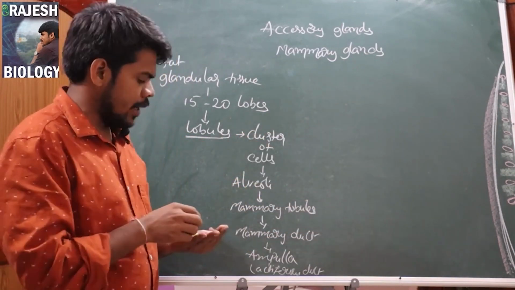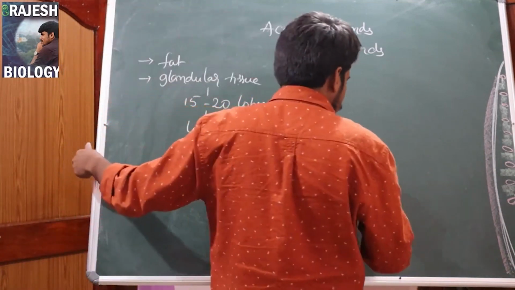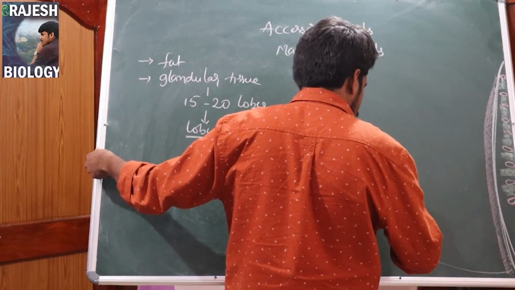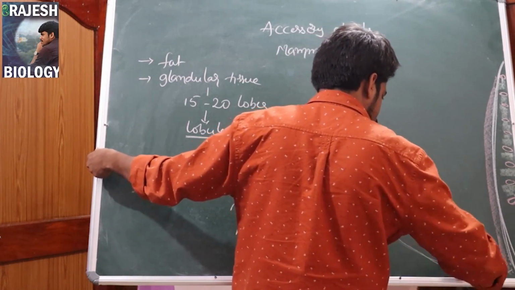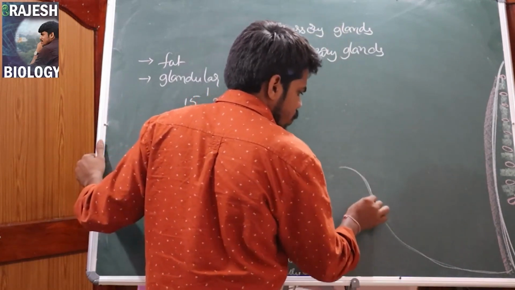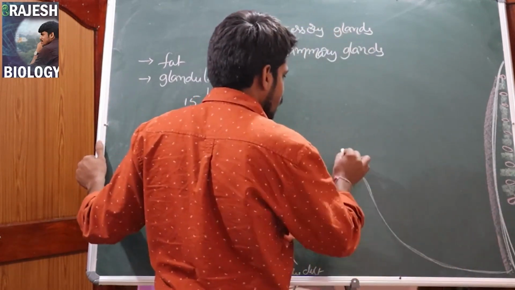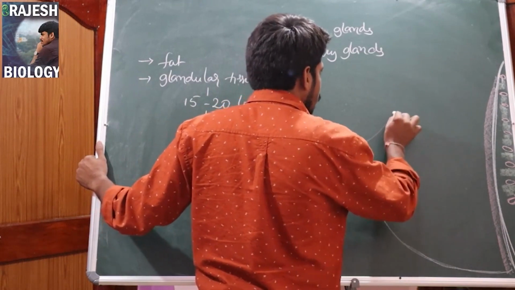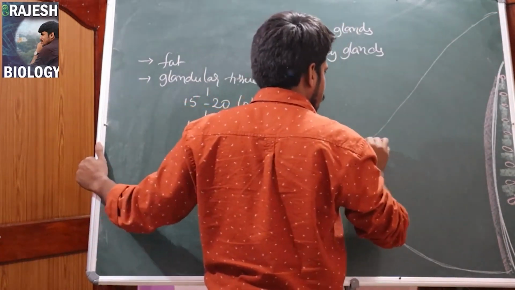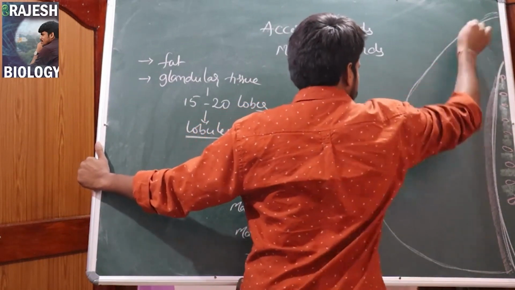Now I am going to draw the mammary gland structure. So first we can draw like this. Lower end of the mammary gland, for example, and it is the upper end.